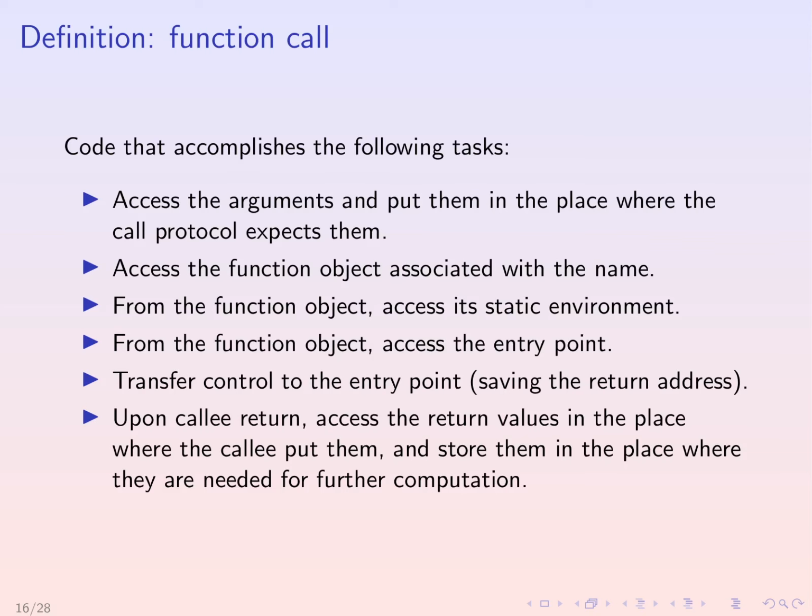From the function object, it also accesses the entry point, which is typically the address of the first instruction of the code. And then it transfers the control to the entry point, usually with an instruction such as jump to subroutine or call or something like that. So it saves the return address on the stack or in a register. And then upon callee return, it accesses the return values in the place where the callee puts them, and it stores those return values in places where they're needed for further computation.